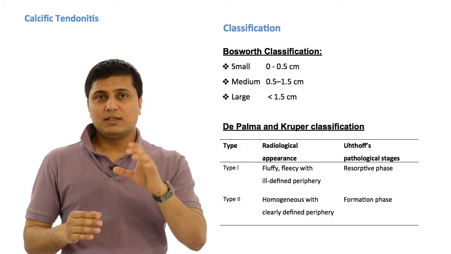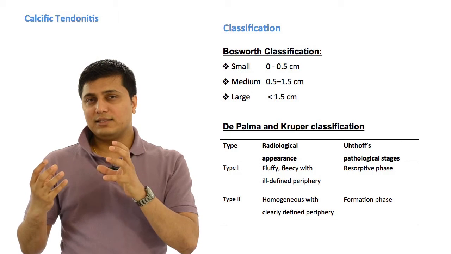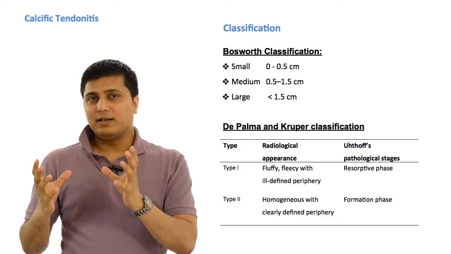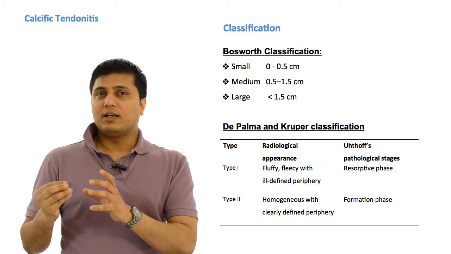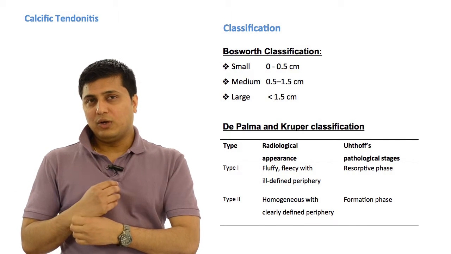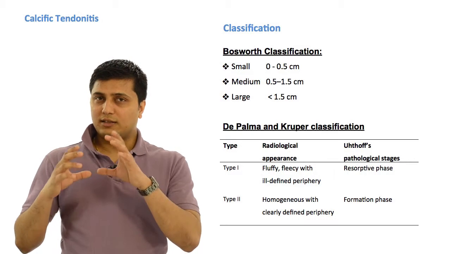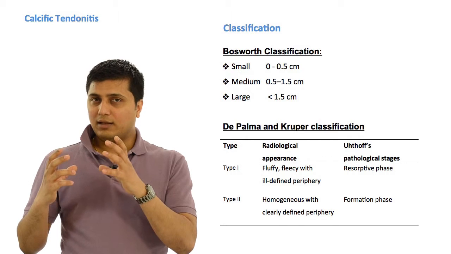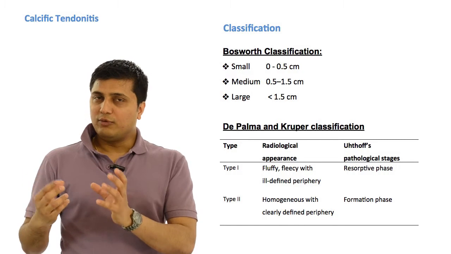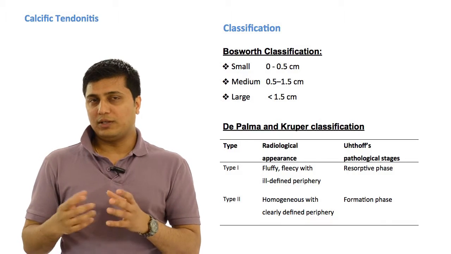In type 1, the calcific deposits appear as a fleecy, fluffy, ill-defined deposit, which corresponds to a resorptive stage of calcific tendinitis. In type 2, it's a well-defined, homogeneous, discrete calcific deposit, which corresponds to a formative stage of the pathology.